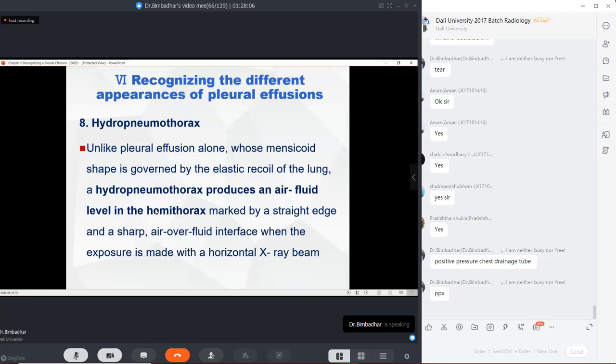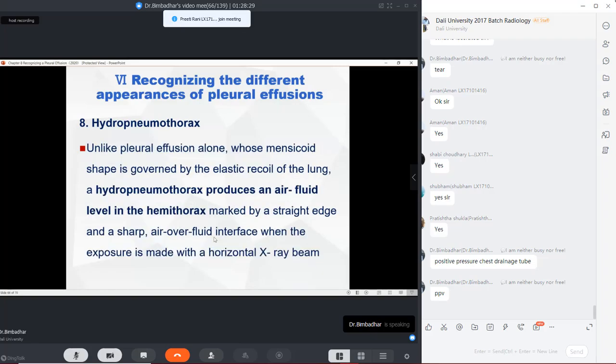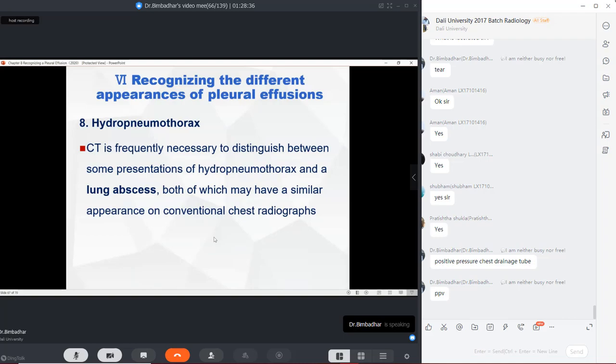So both the features of pneumothorax along with pleural effusion will be seen, and it will show an air over fluid interface. Remember, air fluid levels are seen in hydropneumothorax. Remember, hydropneumothorax is the air and the fluid present in the pleural cavity. Okay, right? And then CT is generally utilized here.